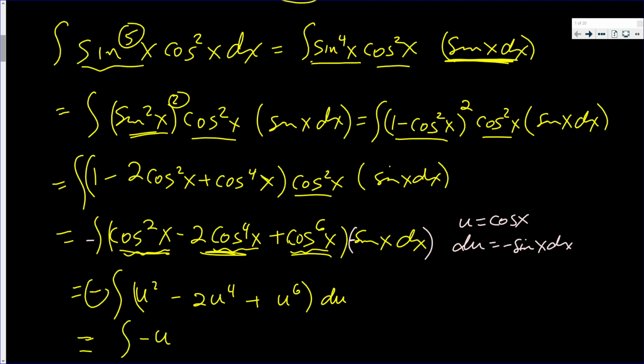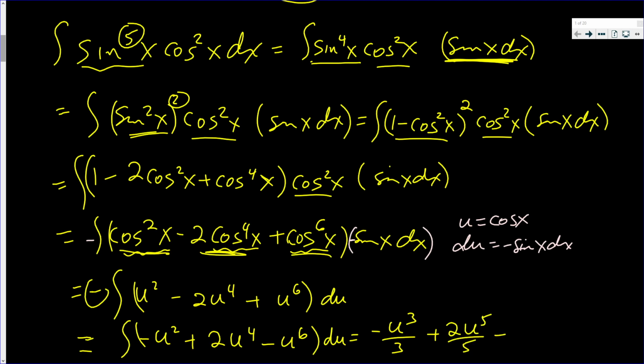Here we get negative u squared plus 2u to the 4th minus u to the 6th du. This is a pretty simple integral. It's negative u cubed over 3 plus 2, add 1 to the power, divide by that power, minus, add 1 to the power, divide by that power, plus c.